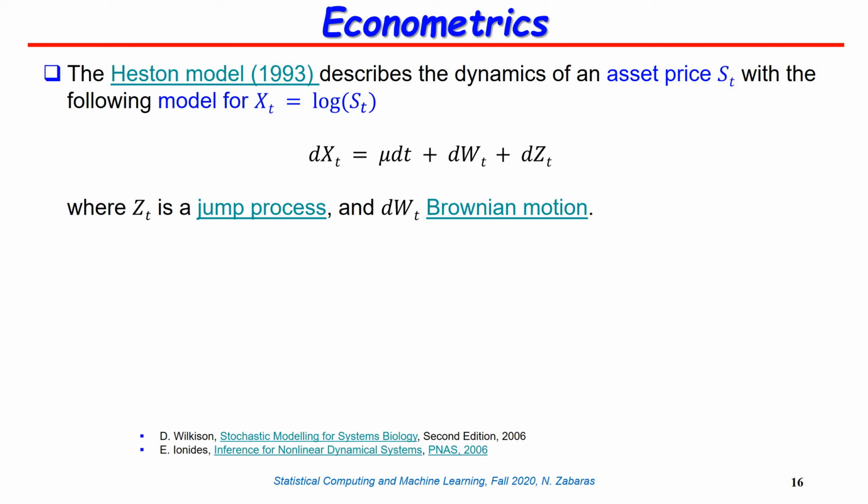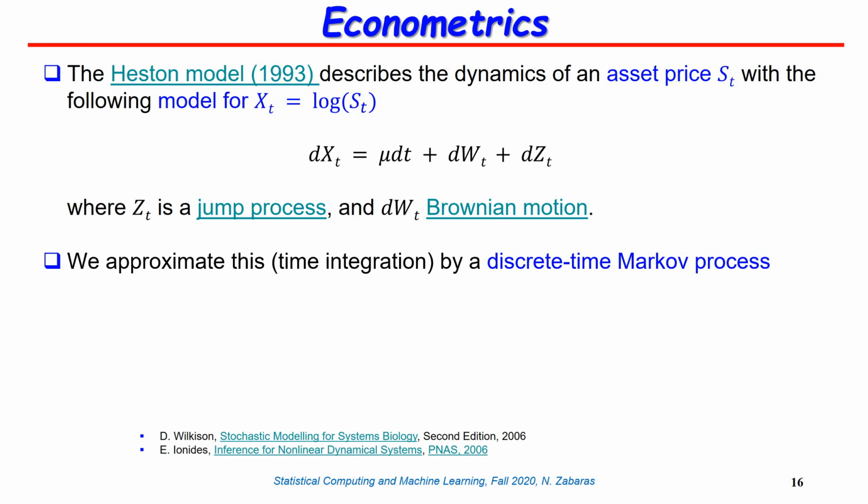Right? So the stock prices obviously can have these random fluctuations, but also they can have significant jumps. So you will need to have both a jump process and a Brownian motion to describe the dynamics of stocks. And if you want to write this in a discrete setting, you can integrate the equation on the top and write it the way that is indicated here.